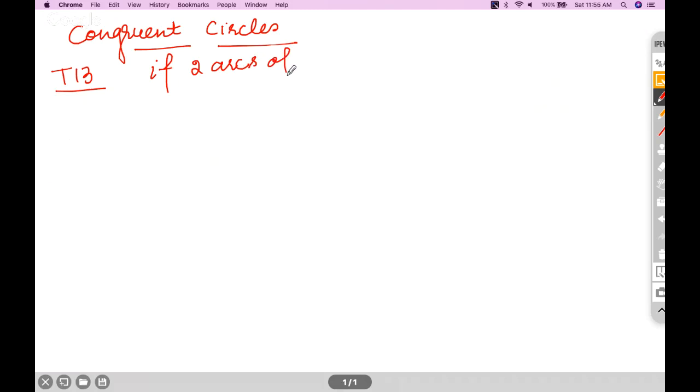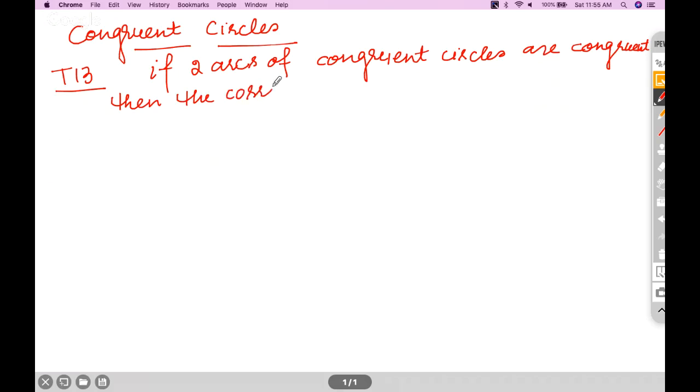Now I'm moving to congruent circles. So theorem 13 is, if two arcs of congruent circles are congruent, then the corresponding chords are equal.